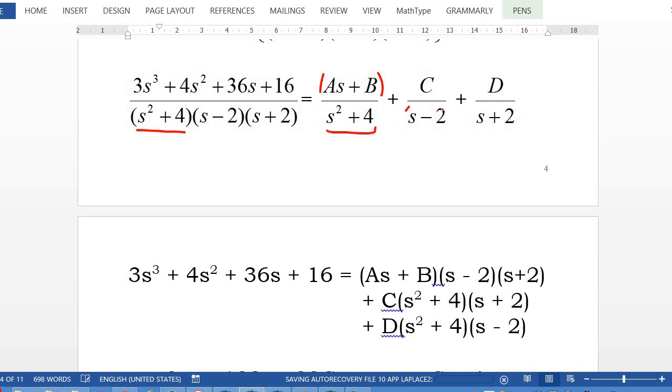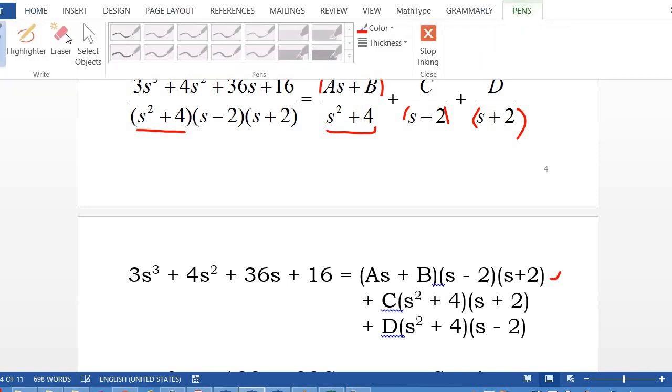We don't have s minus 2 and s plus 2. So As plus B needs to be multiplied by the other two factors, s minus 2 and s plus 2.